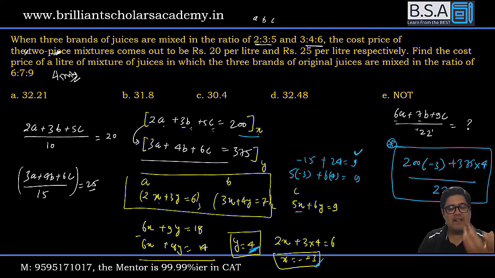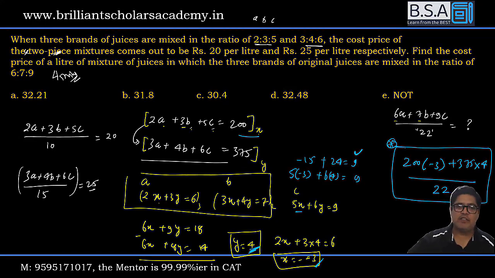You guys probably would have never seen this kind of approach. So I wanted you guys to see all variations of all questions. So this will turn into -600 plus 375 into 4, 900 रुपए बन गया. 900 divided by 22.